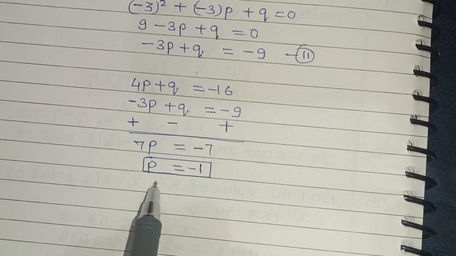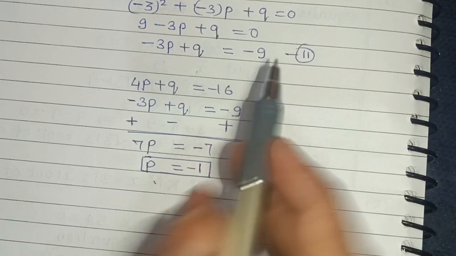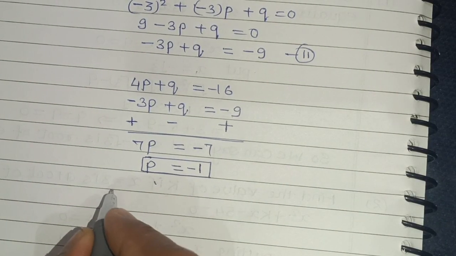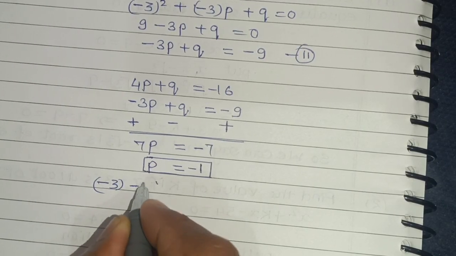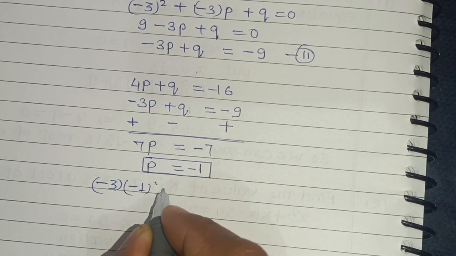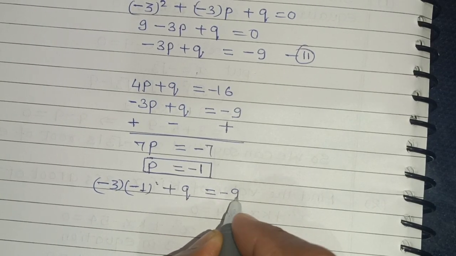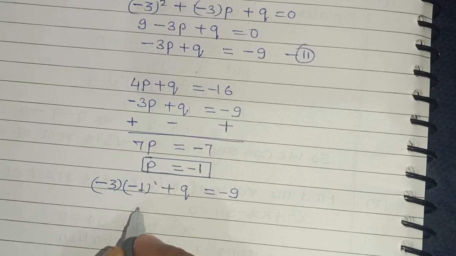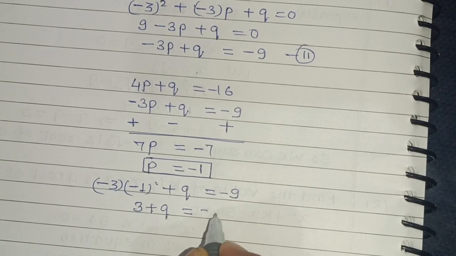Putting the value of p in equation second, so what we will get, we will get minus 3 into minus 1 plus q is equal to minus 9, so 3 plus q is equal to minus 9.